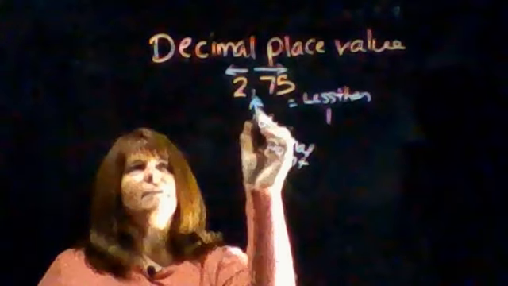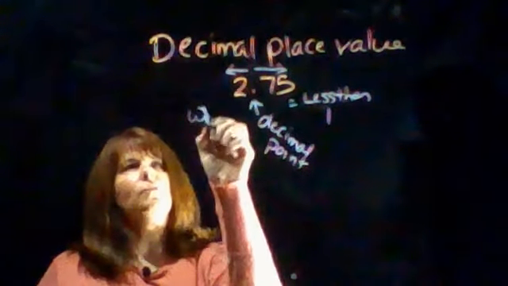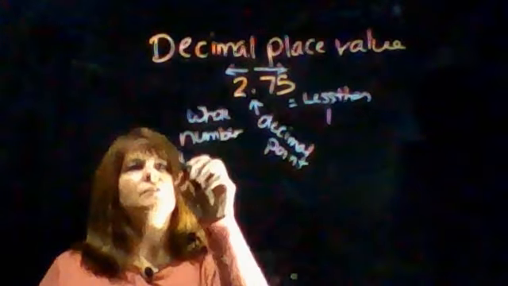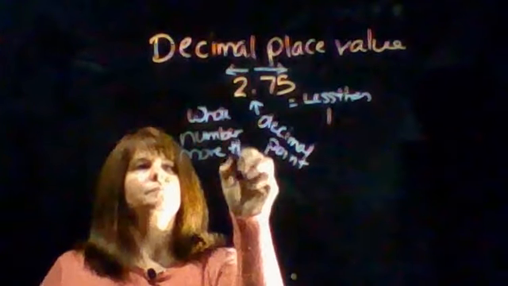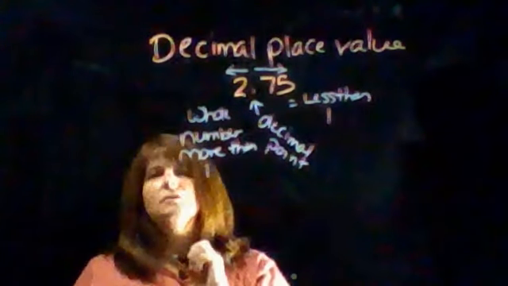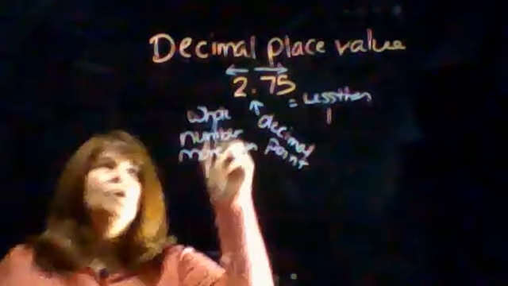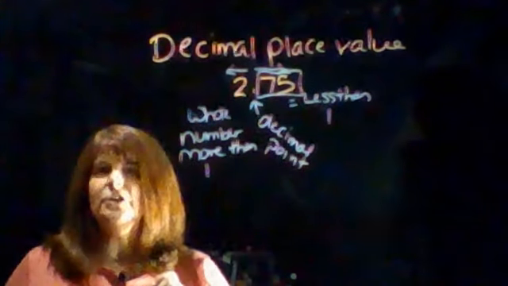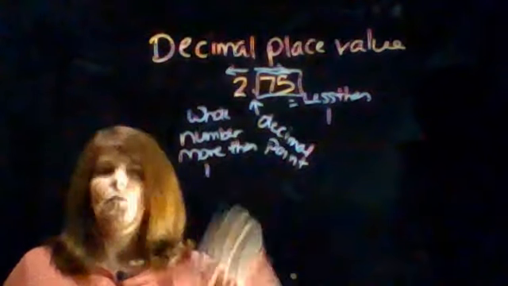Anything to the left of that decimal point is a whole number, which is more than 1. So much like money, we have $2.75. This 75 cents is less than a dollar, so that means that that is less than 1.